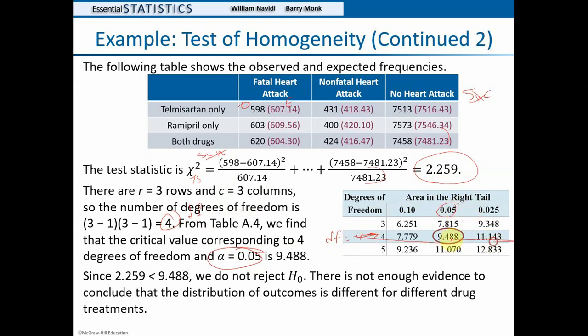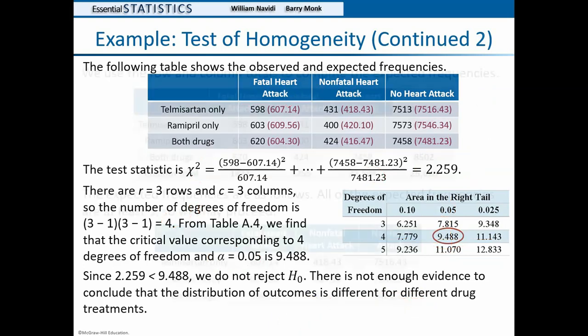And where these cross, that's the critical value. So CV 9.488. So here is the chi-squared, 2.259. Fail to reject.